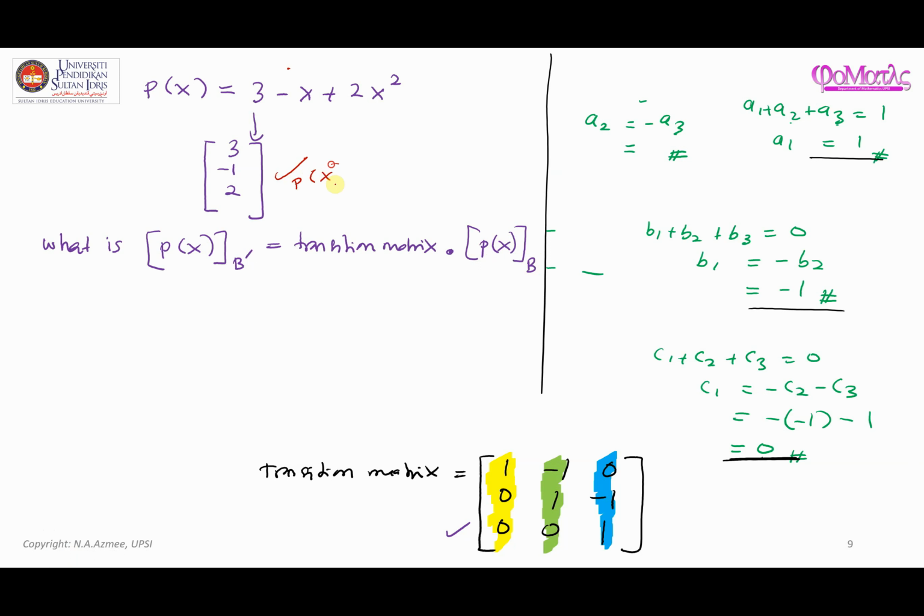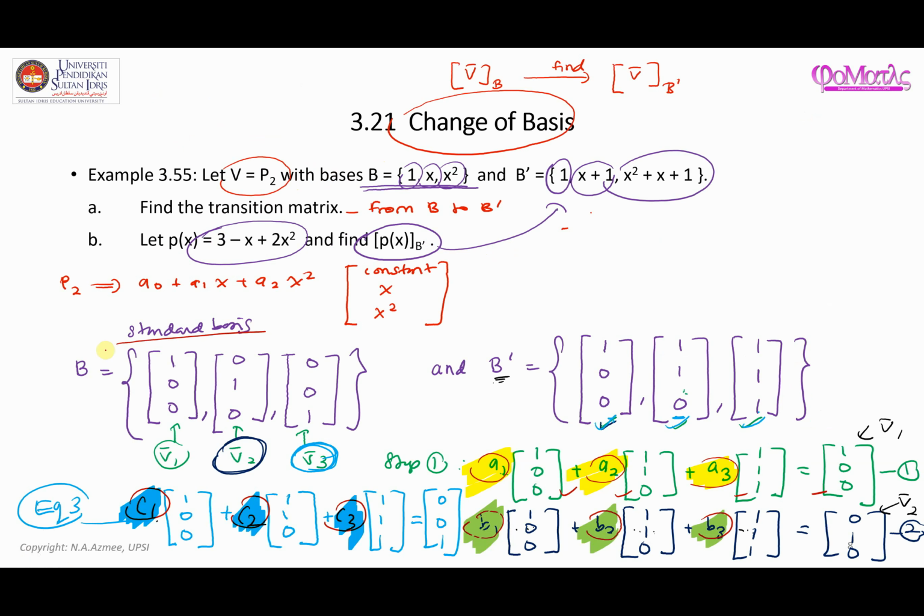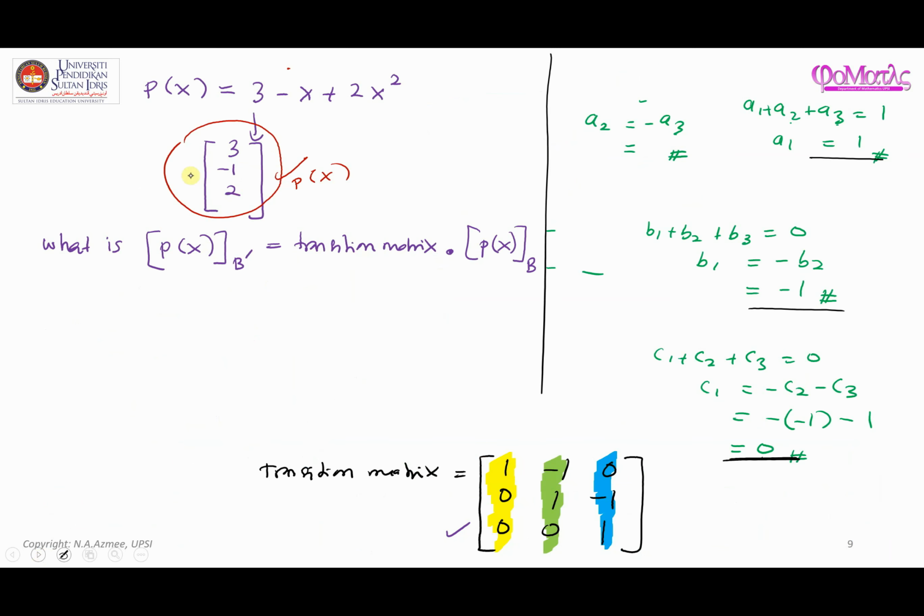So px with the old basis is going to be the same thing. Why is it the same thing? Because the old basis here is the standard basis, and I have already explained in the old video what happens when you have a vector and a standard basis, and therefore the coordinate vector with respect to a standard basis will be itself. So we don't need to do anything much.